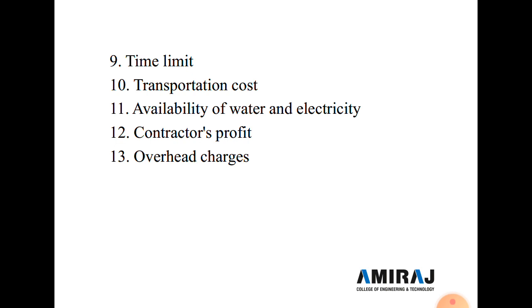So these types of 2.5 to 5% overhead charges increase the overall project cost. So this affects the overall rate of the work. So here we discussed 13 factors which affect the rate analysis.